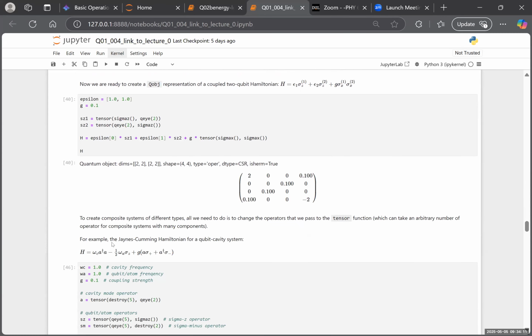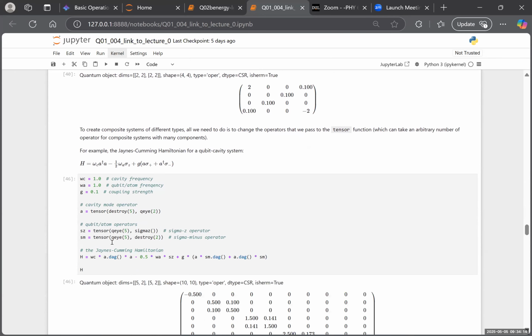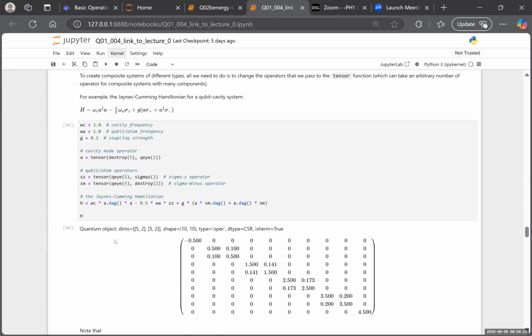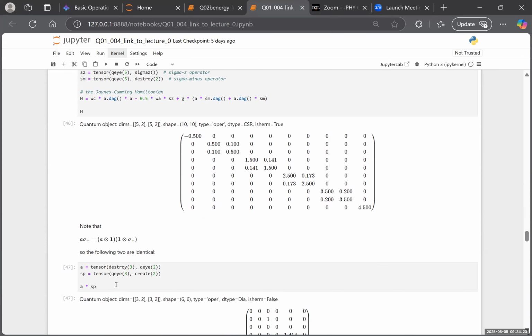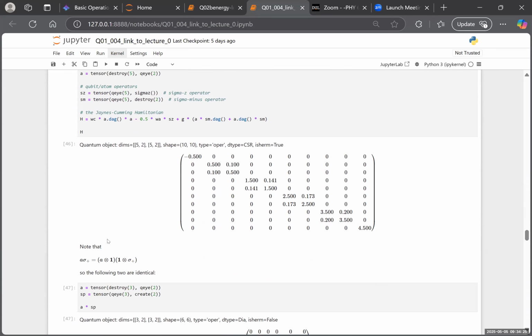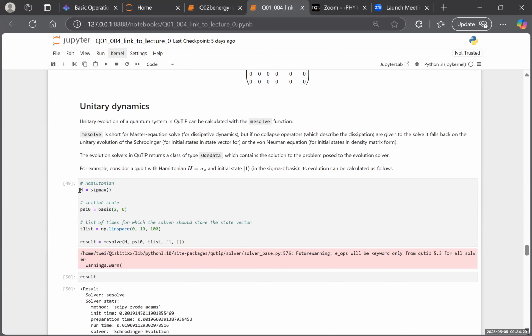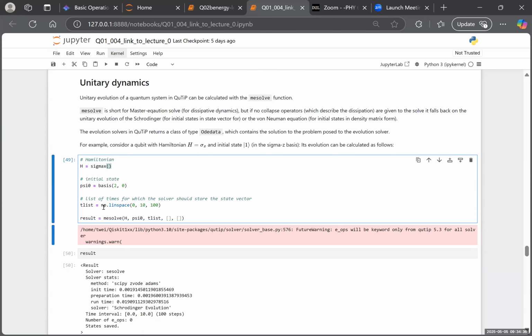The most useful one is to solve the Schrödinger equation. So this is one example. It has this Hamiltonian, and you can actually solve the time evolution, the unitary dynamics here. So this is a simple example. Sigma x, you start with the 0 state and you evolve the Hamiltonian using this mesolve.